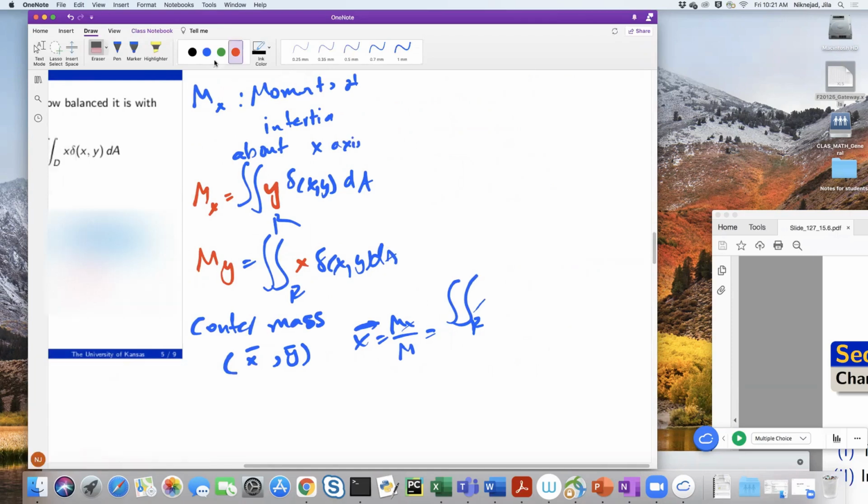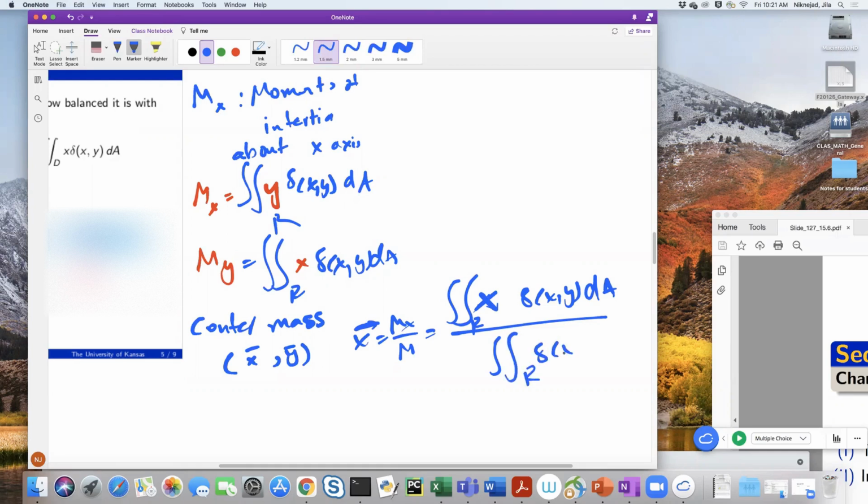Where is my handwriting going? There we go. Not a very good place, but okay. So x delta(x,y) dA divided by the mass, which is the double integral of delta(x,y) dA.